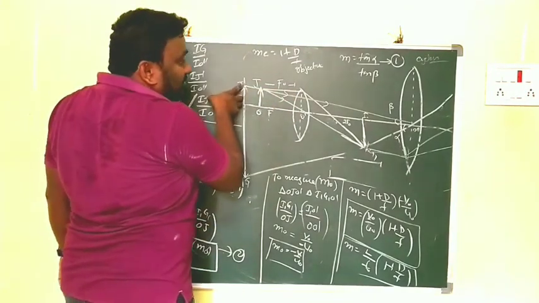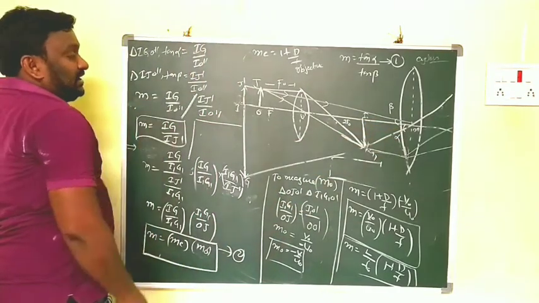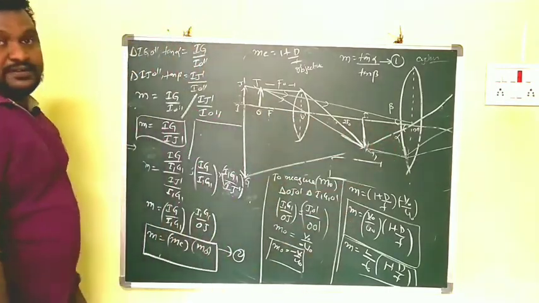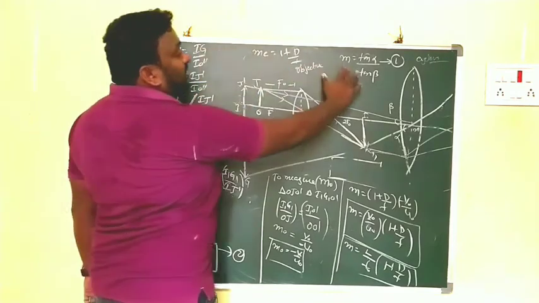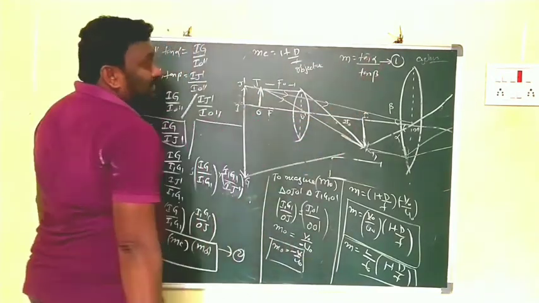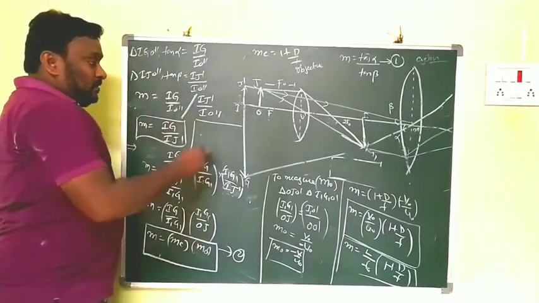Then this IJ dash makes some angle beta. That's why tan beta is IJ dash by IO double dash. After that, these two values should be substituted in the magnifying formula M is equal to tan alpha by tan beta. I already told you what magnifying power is.